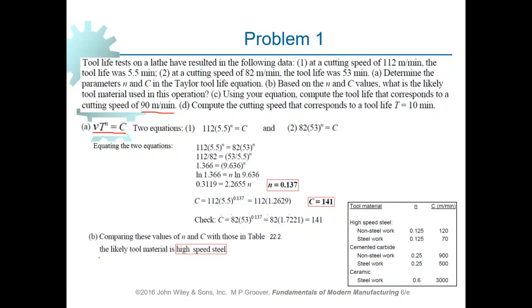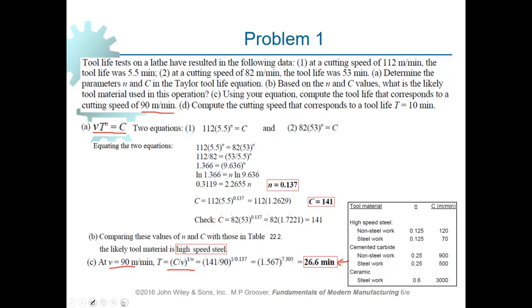So by making use of the equation, substituting the value of v, which is equal to 90 meters per minute, and solving the equation for t, we substitute the values of c and n, and this results in a tool life of 26.6 minutes.